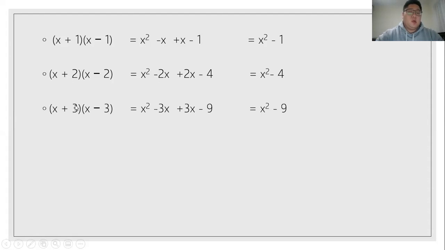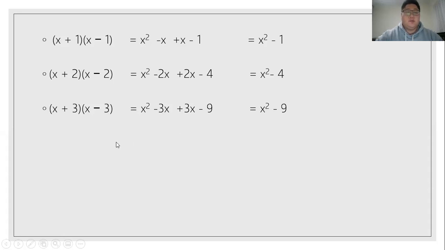Another one, same deal, but just 3 instead of 2. So x times x is x squared. x times negative 3 is negative 3x. 3 times x is positive 3x. And 3 multiplied by negative 3 gives us negative 9. Now we're collecting the like terms, which are the ones in the middle here. Minus 3x plus 3x gives you 0. So you're left with x squared minus 9.